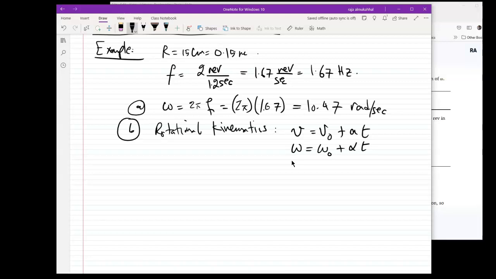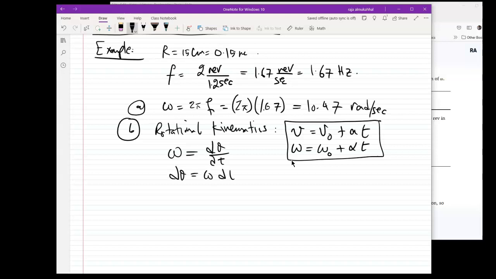I will come back to all of this in a minute. There is another equation that relates the angular displacement. Let me explain it. I have omega equal to d theta dt. If I multiply dt to the other side, it becomes d theta equals omega dt.